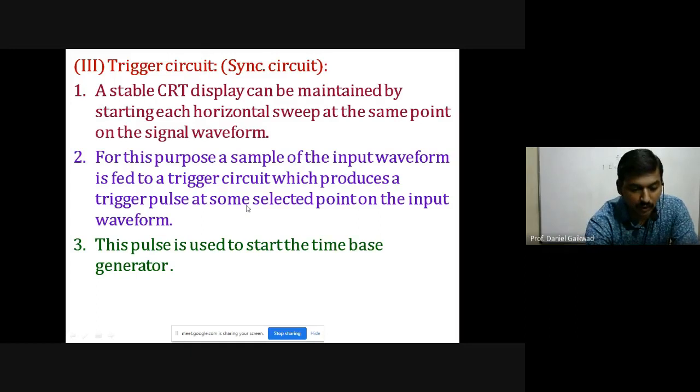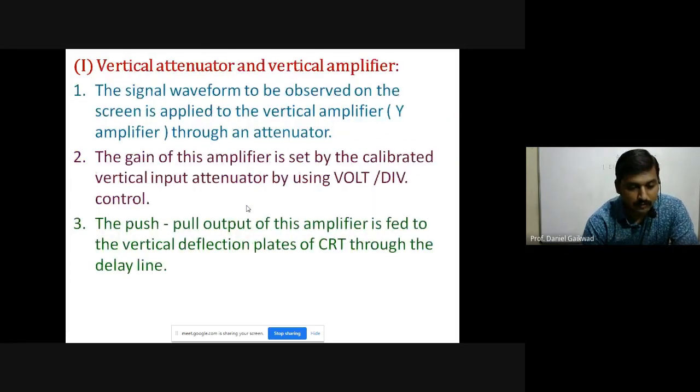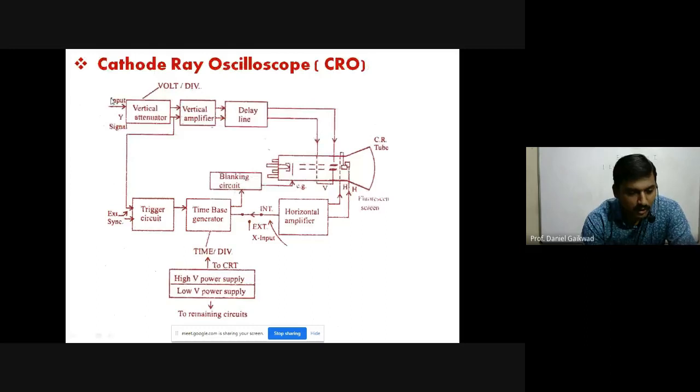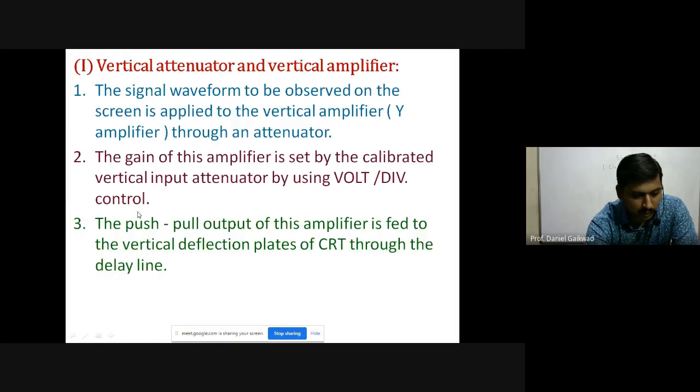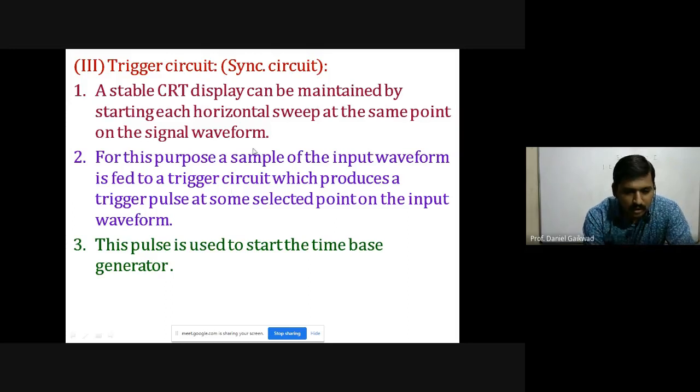Now check carefully: from the vertical attenuator, we take a part of the input and give it to the trigger circuit. So the trigger circuit takes the part from the input and then it has its function. Sweep at the same point on the signal waveform. So these will be starting each horizontal sweep at the same point on the signal waveform, and for this purpose a sample of the input waveform.